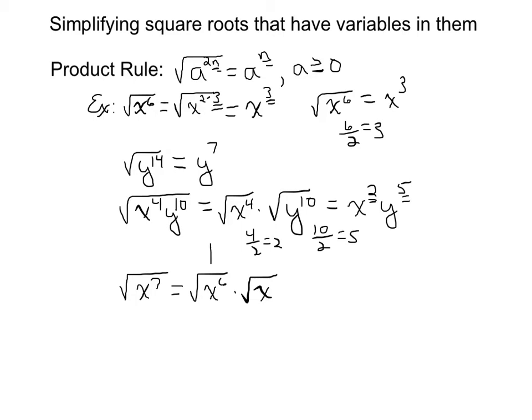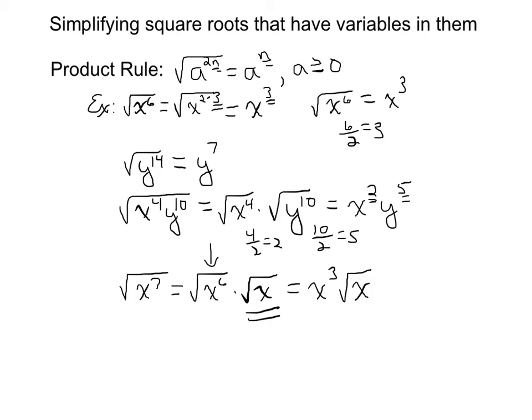Now we've already talked about what happens when you have an even one. So I know I'm going to look at pairs. So there's 3 pairs. So this is x cubed. But this little x under the radical doesn't have a partner, so I can't pull an x out of this particular radical, so it remains as the square root of x. So it is possible that you may not be able to pull all of them out.